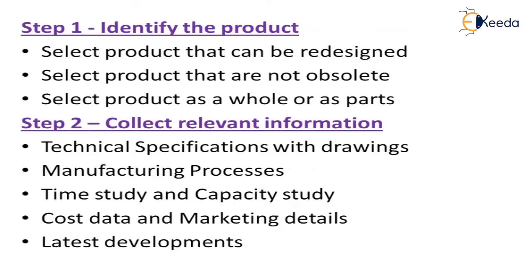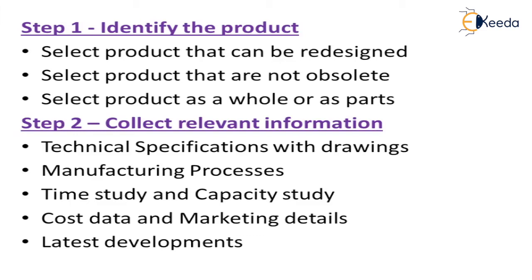The first step is to identify the product. We have to select the product which has to be redesigned in the process. It's not at the design stage, but at the process stage. The product that we have selected should not be obsolete.